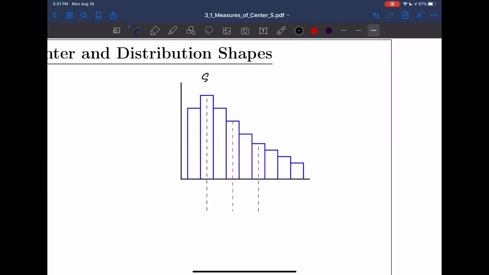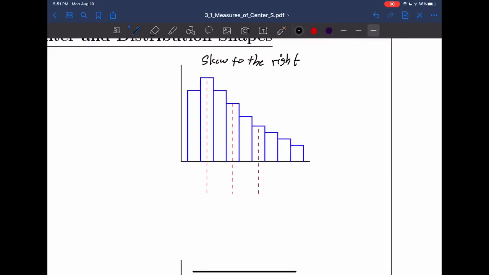Okay, now in this histogram, we know it's skewed to the right. And again, imagine there's a ball on the top. If you push it, it goes towards the right. Similarly, if your histogram is skewed to the right, then your mean is toward the right end of the tail. And your mode is the very top of the peak, so this will be your mode. So that means this is your median.